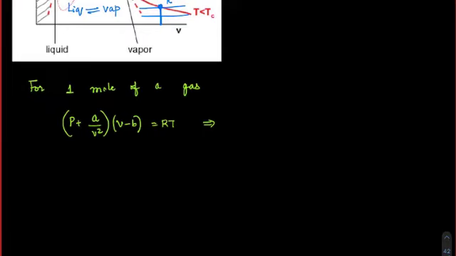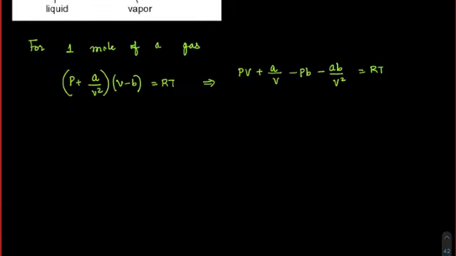If I open this, I will get PV plus a by V, because that V V gets cancelled here, minus Pb minus ab by V square is equal to RT. This is what we will have. Okay, keep following me on this. Again, take LCM on both the sides. So we would get PV cube plus aV minus PbV square minus ab is equal to RTV square.